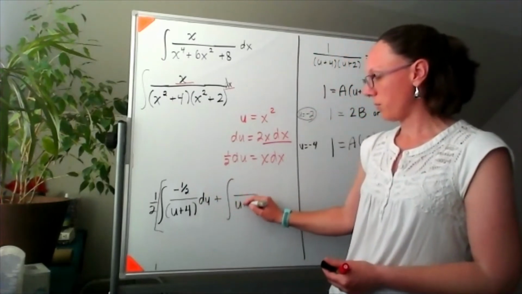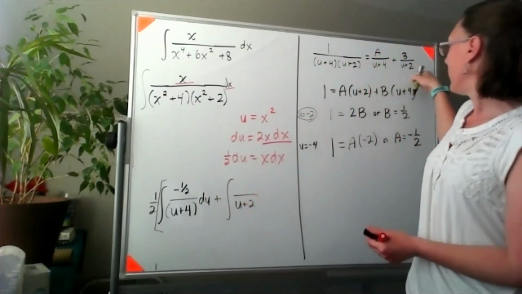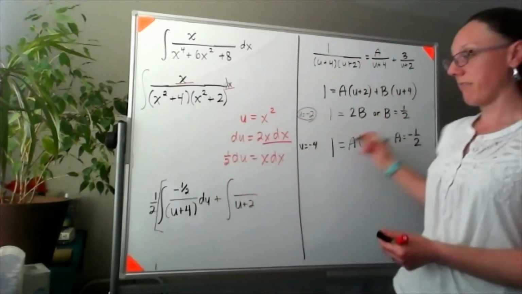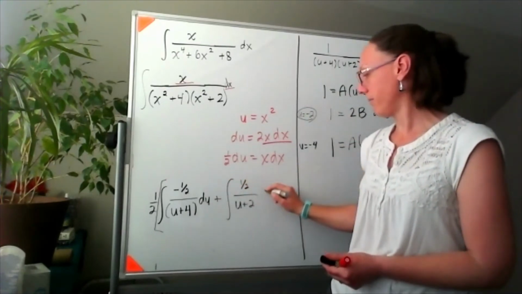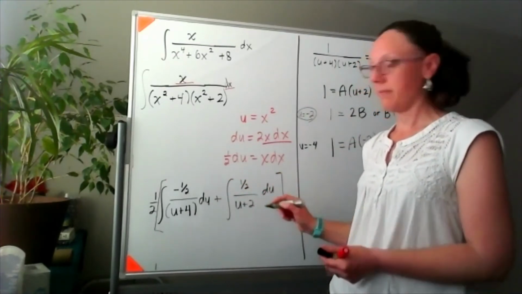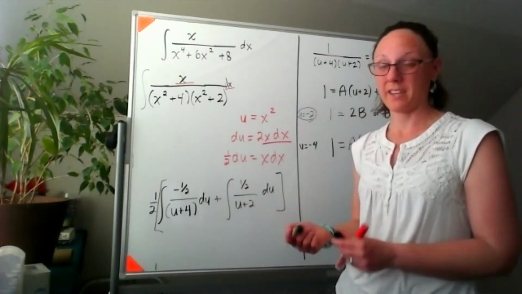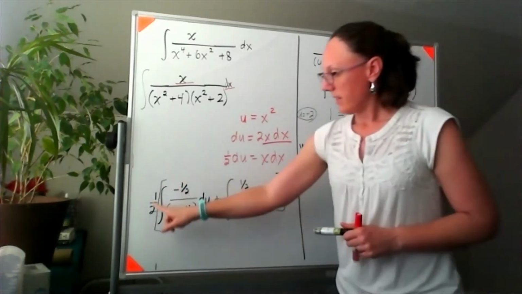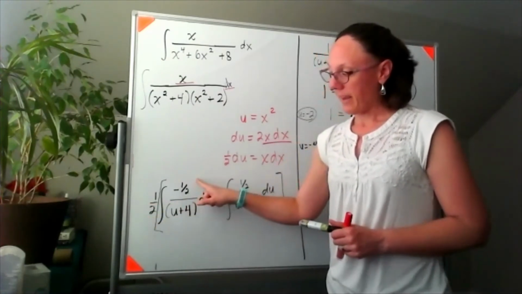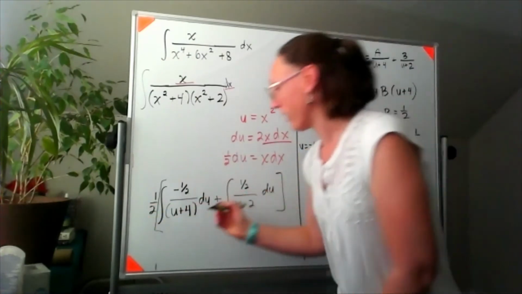And above my u plus 2 term, that needs to be my b value of +1/2. I'm going to finish off the integral, but skip a step. Multiplying the 1/2 by -1/2, I'll have -1/4.